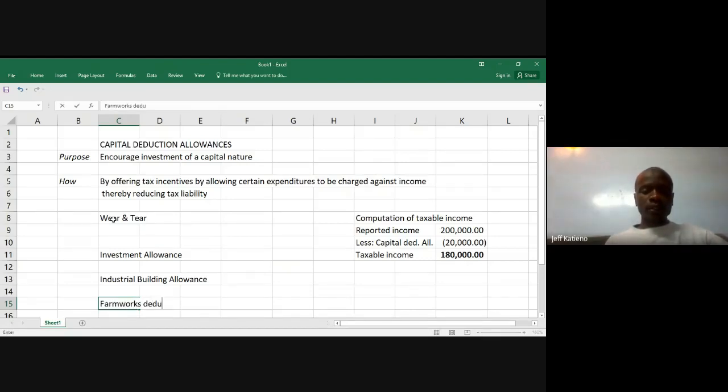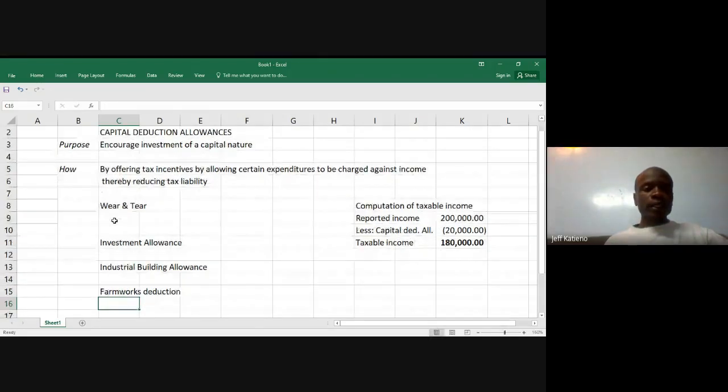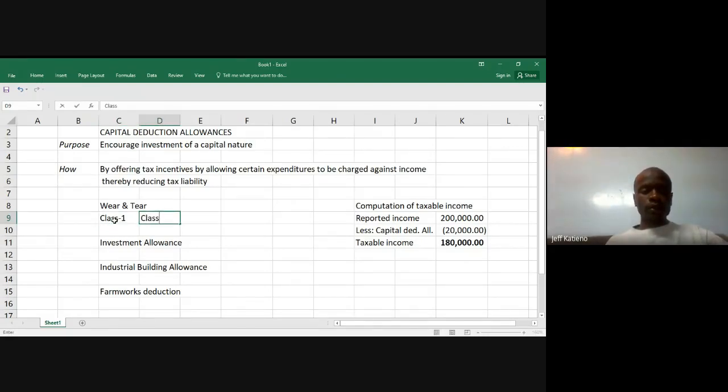For wear and tear, there were 4 categories: class 1, class 2, class 3, and class 4. I remember class 1 was 37.5%, then 30%, no, 25%, and this one was 12.5%. This is how it used to work.